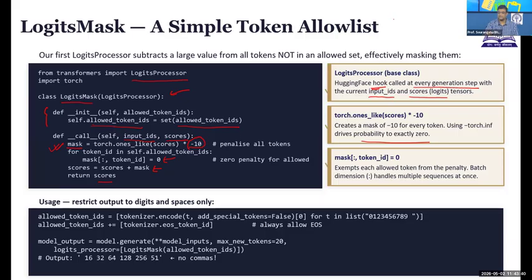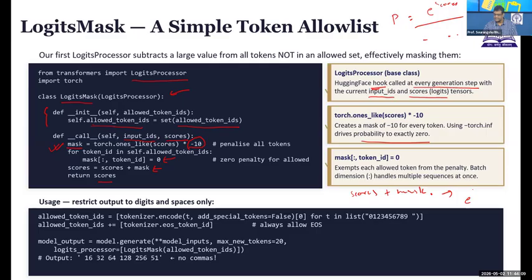Because remember, your probability will be something like e to the power scores, divided by the normalizing factor. So your new scores is scores plus mask.